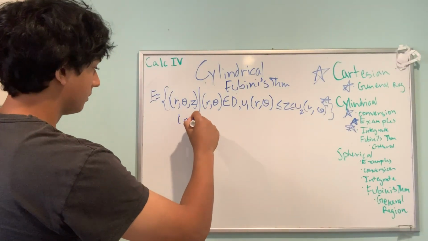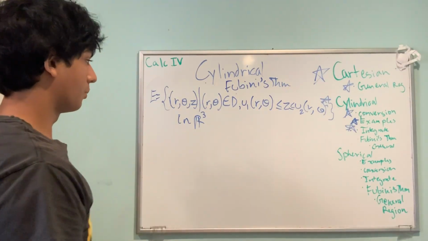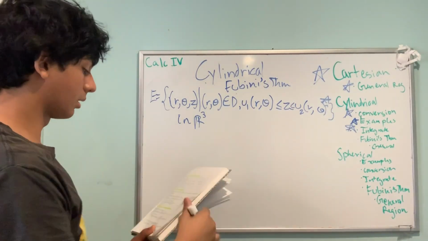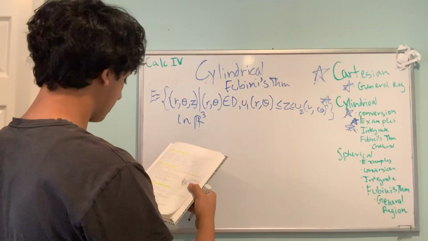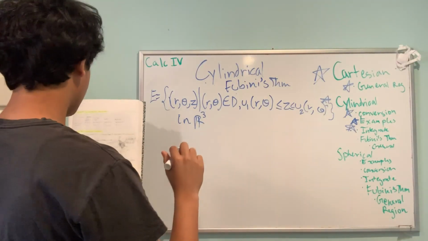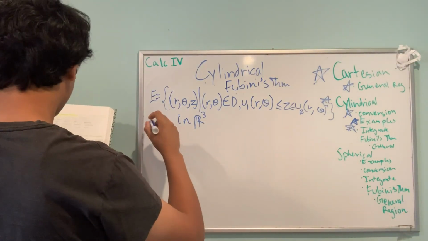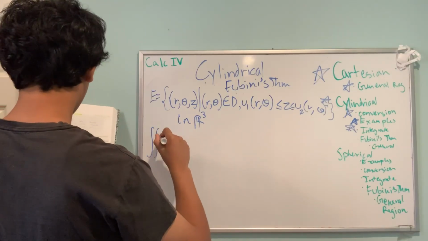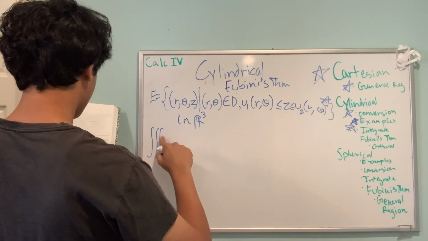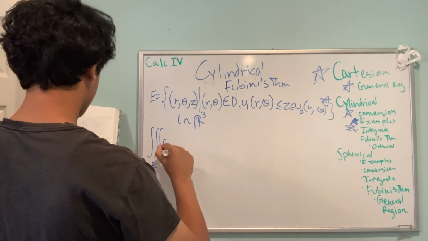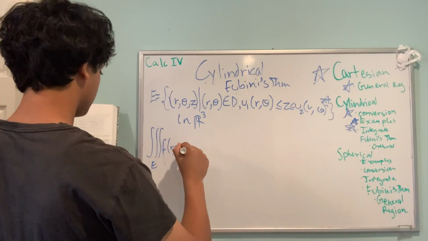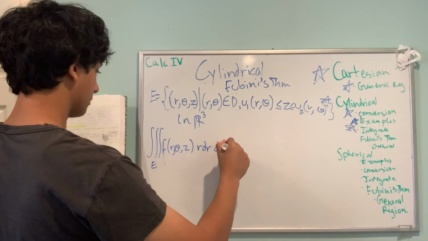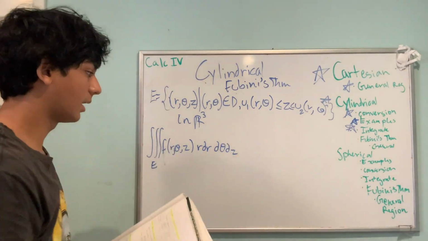All of this is in three-dimensional space, of course, where D is the projection of E onto the two-dimensional axis, the r theta plane in this case. So we have this, the original integral r dr d theta dz.